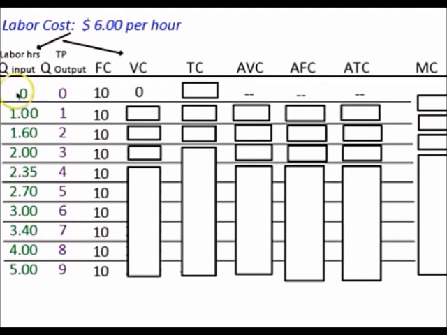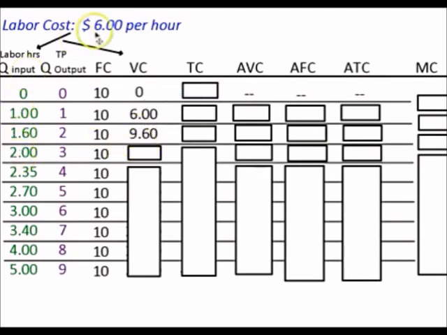So if I have 0 input, I have 0 variable cost. If I have 1 hour of work at $6 per hour, then clearly my variable cost of my first worker is $6. 1.6 hours of work at $6 per hour is going to be $9.60.